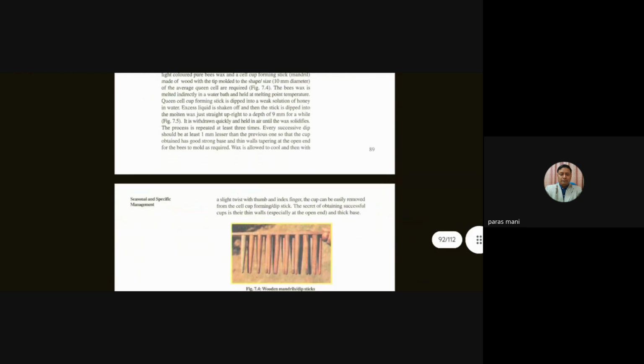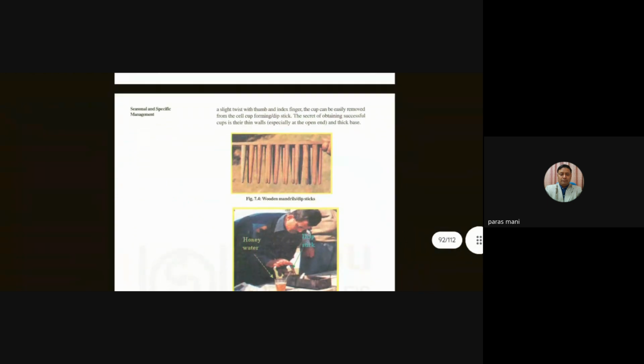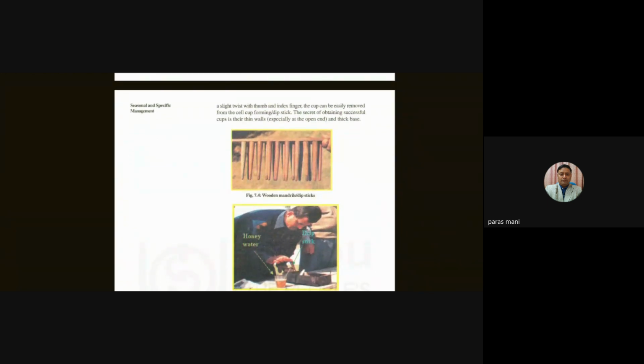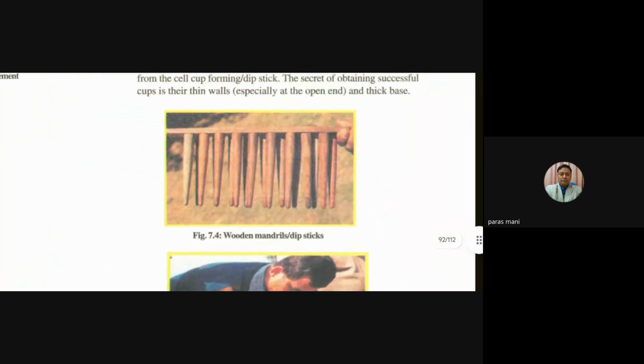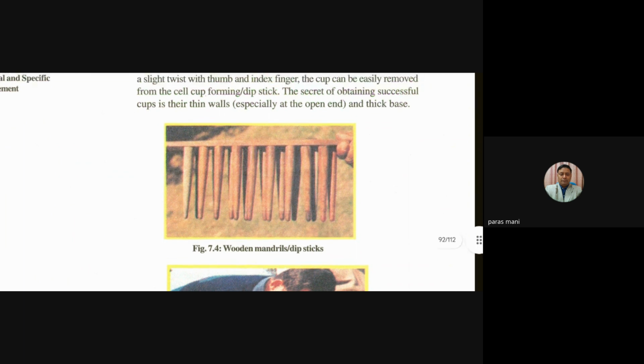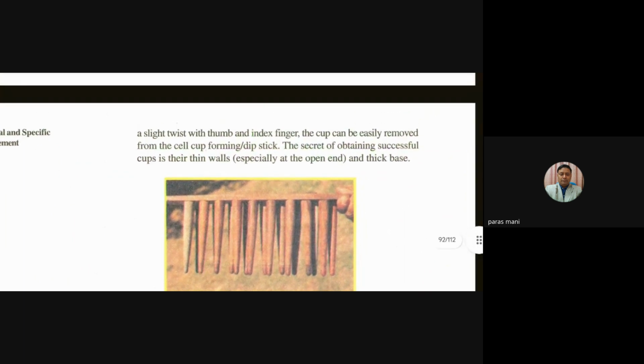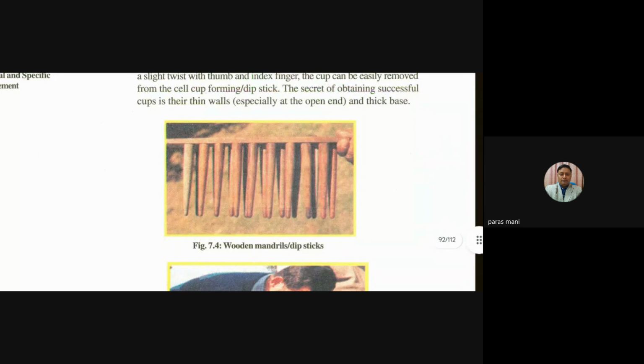There is a structure here, you can see wooden structures. This kind of structure is dipped into the wax in liquid state. With slight heating, the wax comes to the liquid state in a container, and you can individually dip these.